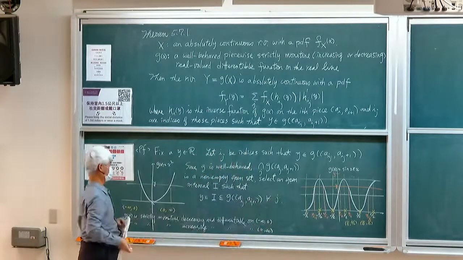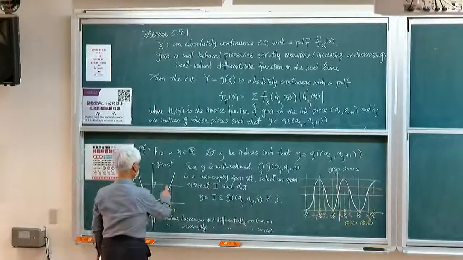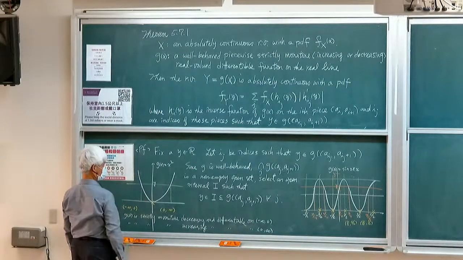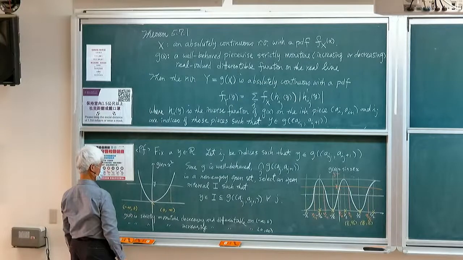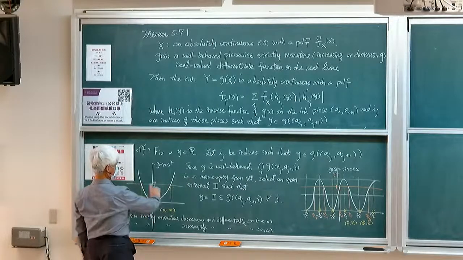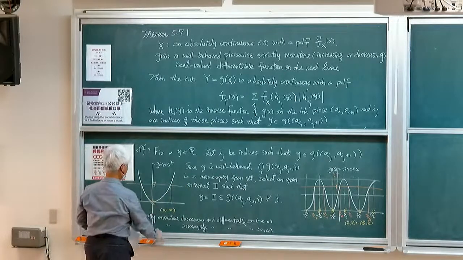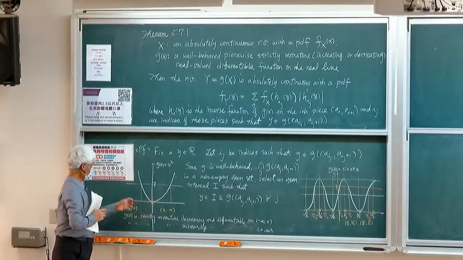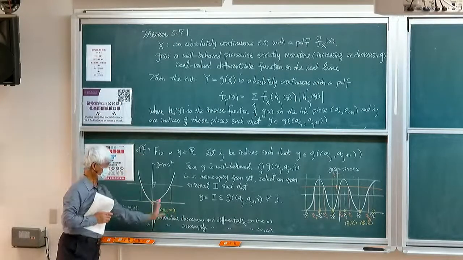Okay? All right, so these two examples are very simple because the range of this branch is the same as the range of this piece, right?